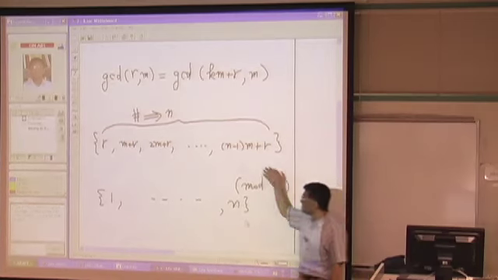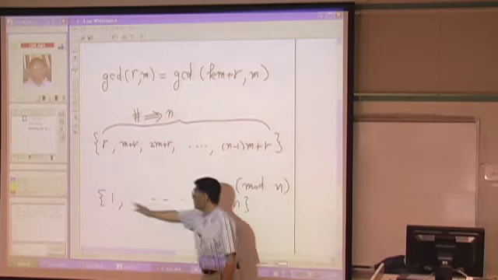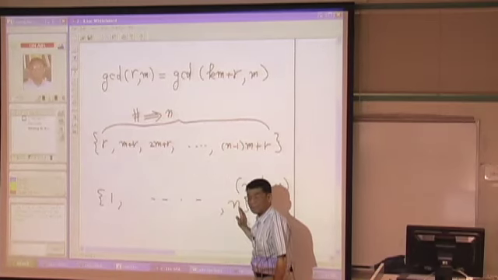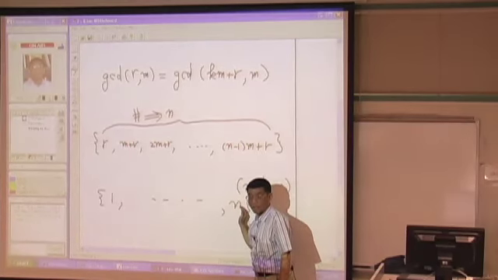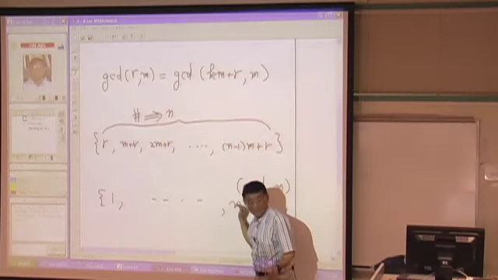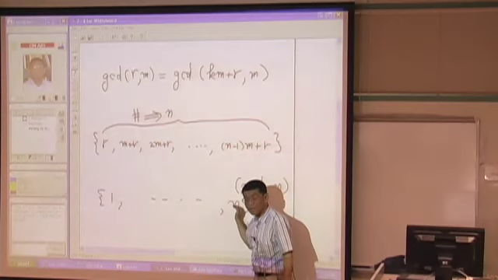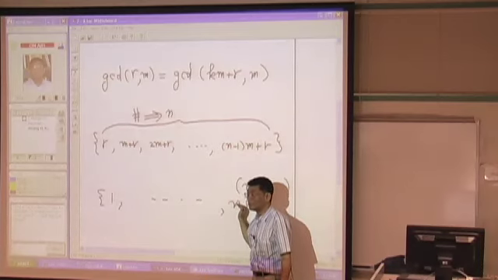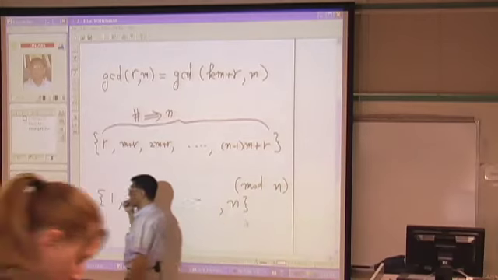Then, because this mod and this are the same, essentially, in this set, by definition, how many numbers are qualified? How many numbers satisfy the GCD condition? Phi of n, right? If you don't understand, ask me. So in this set, phi of n are qualified.